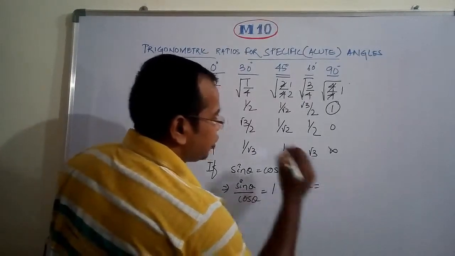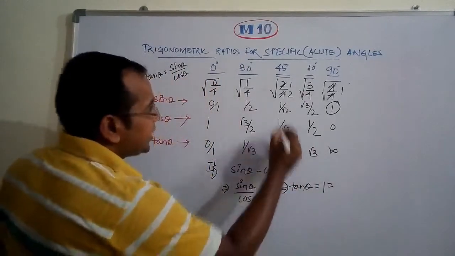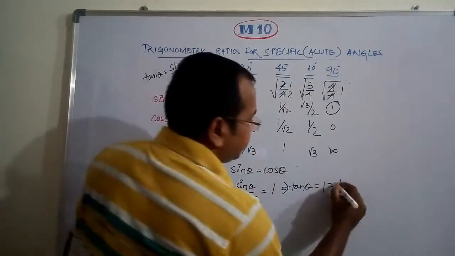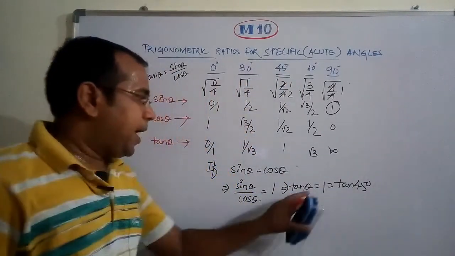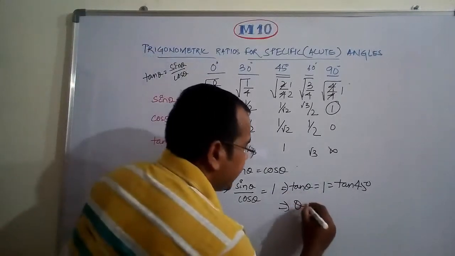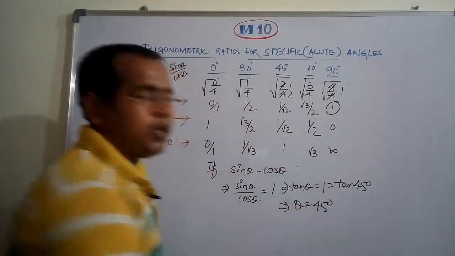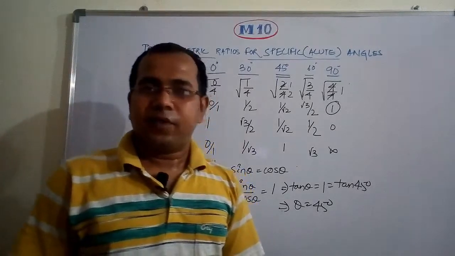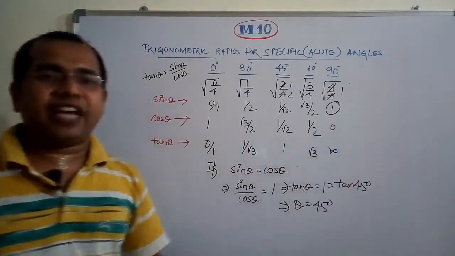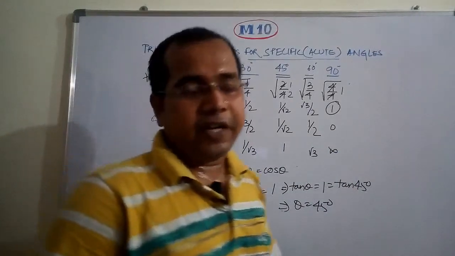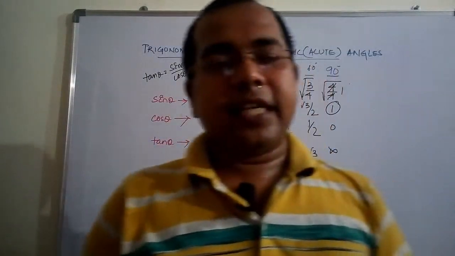Tan theta equals 1, which is nothing but tan 45 degrees. Okay, so by comparing, what will you get? Theta equals 45 degrees. Got it? What is the maximum value of tan theta? It is infinite, that is, not defined. We are going to solve numericals related to this.